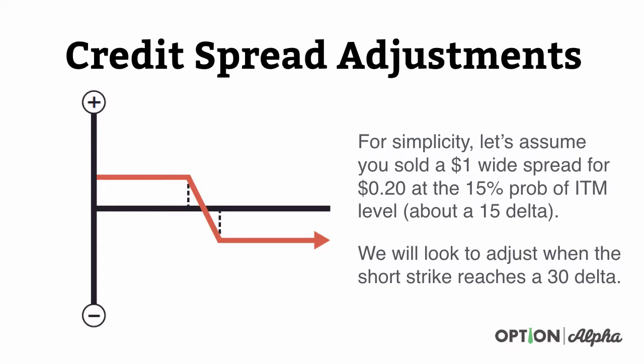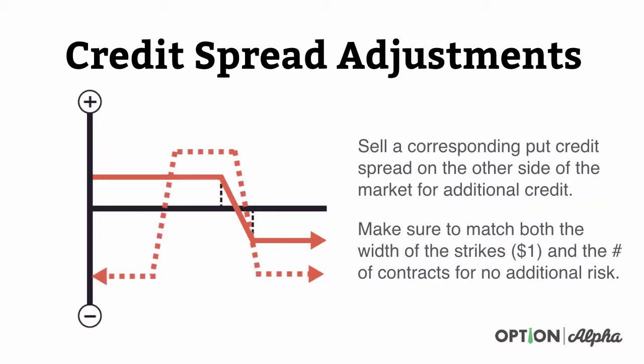What you would end up doing if the stock did rally towards your call spread is you would sell a corresponding put spread on the other side of the market for an additional credit. So what you basically do is match up the width of the strikes, which is $1 in this case, and the number of contracts, and turn this thing into an iron condor with no additional risk in the trade.